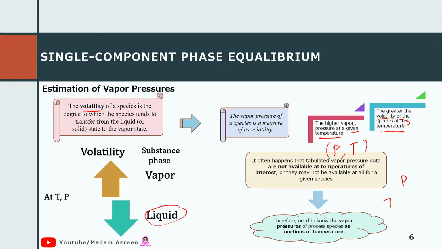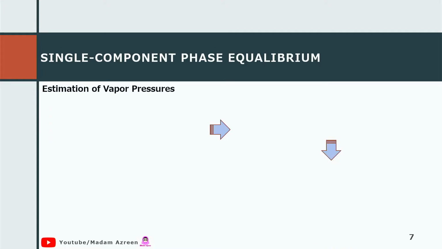The vapor pressure is given by this symbol, P star. So how do they relate the vapor pressure and temperature?